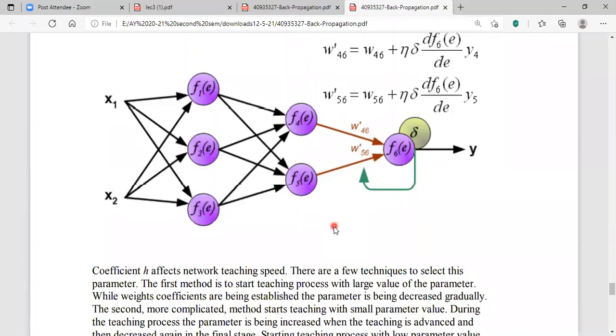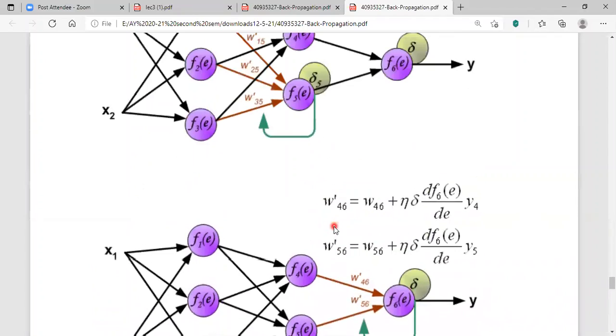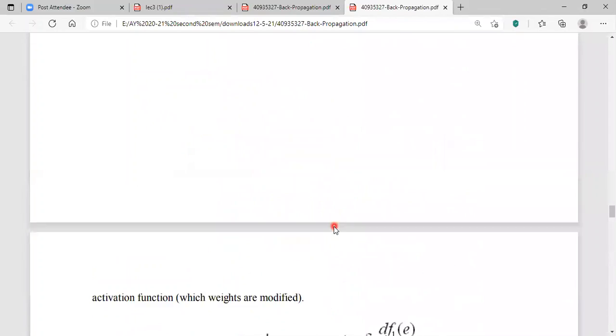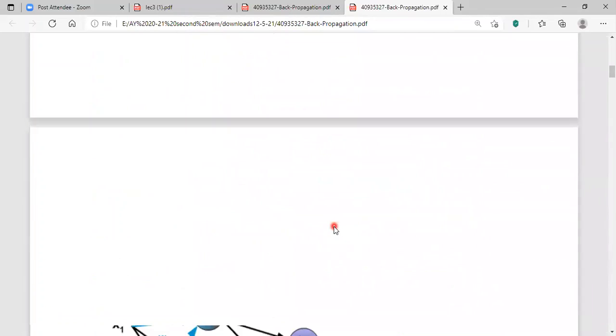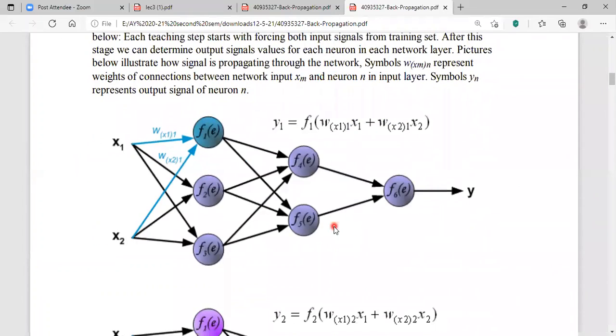So once all the weights are updated, you need to go for the repetition process again, starting from this point.